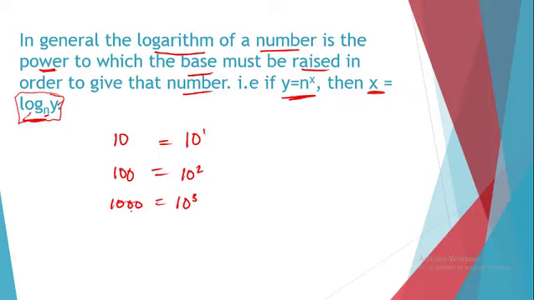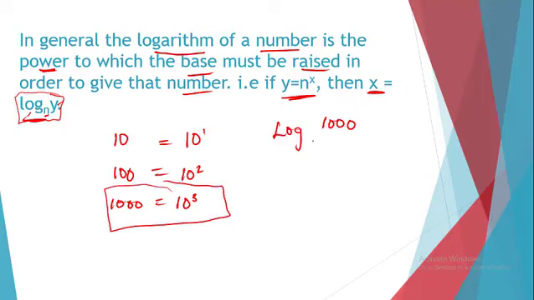Now, if we apply this in the logarithm form, it means that log 1000 base 10 is equal to what? 3. That is, the number that 10 must be raised to get 1000.